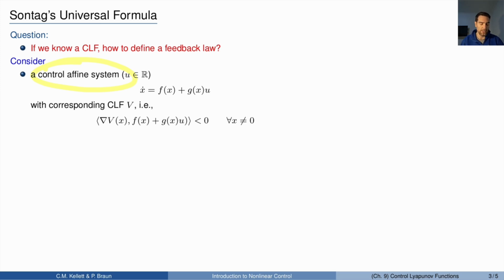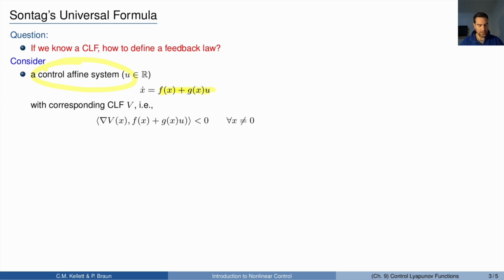Namely, we assume that we have a control affine system, meaning our right-hand side can be written in this way, meaning we have a term only depending on x, and then we have a term linearly multiplied with the input u. And for simplicity here, we assume that u is one-dimensional, but this can be extended also to multi-input systems.